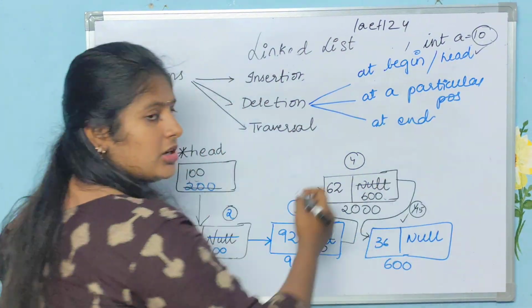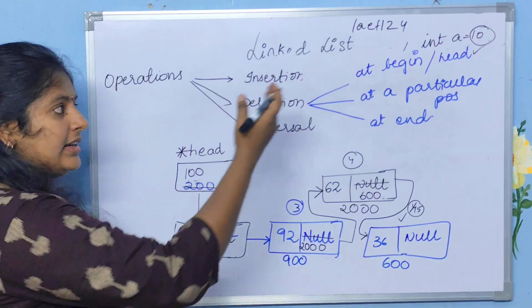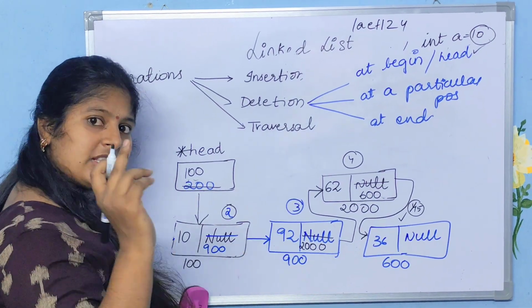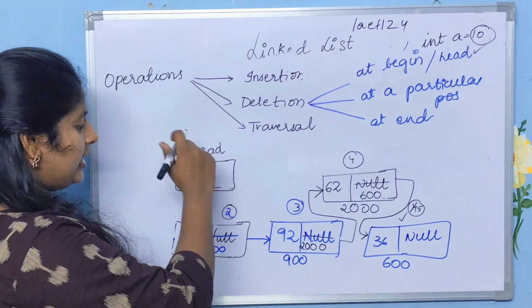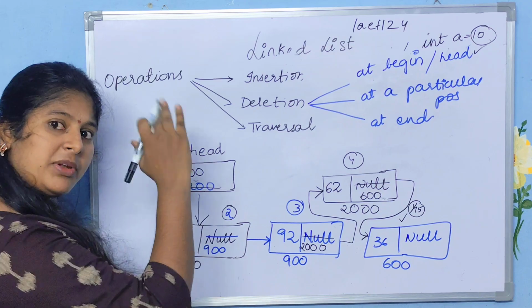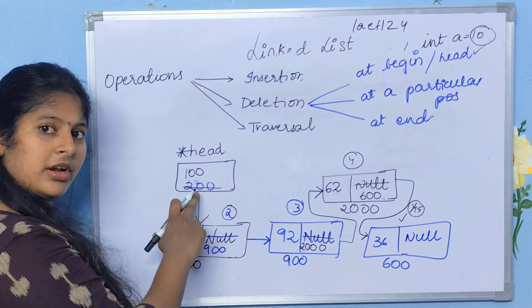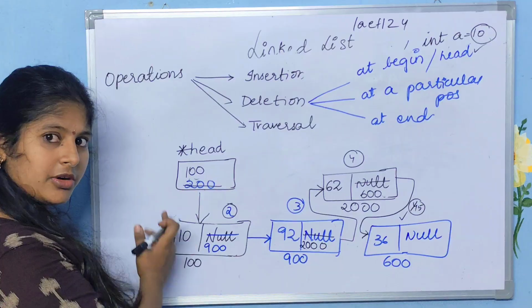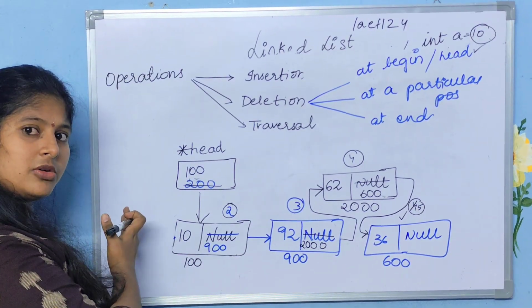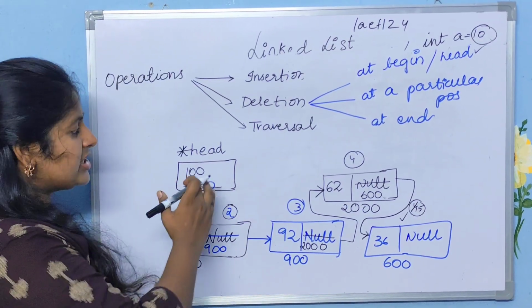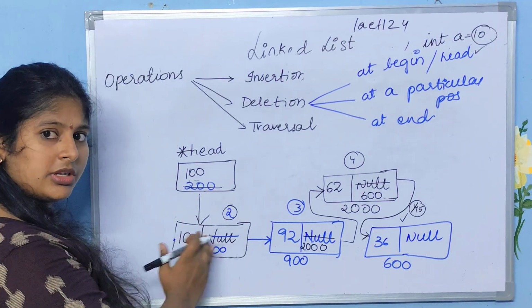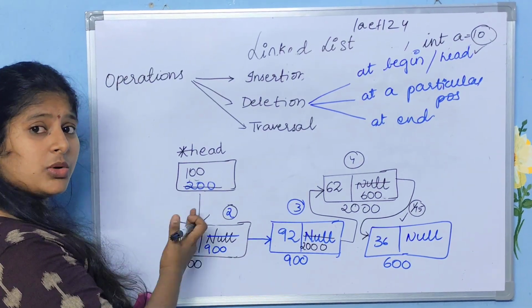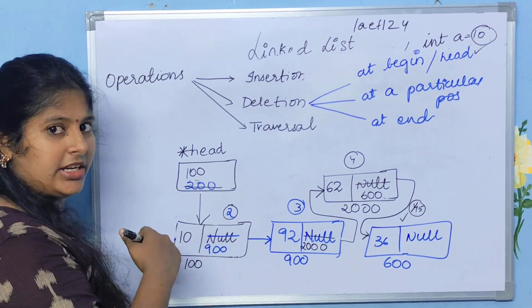Deletion at head position. If I want to delete an element at my head position, first of all, I have to change my head address. My head element previously was 200. After deleting, my head is containing the address of my second node, which was next to the deleted node, right?